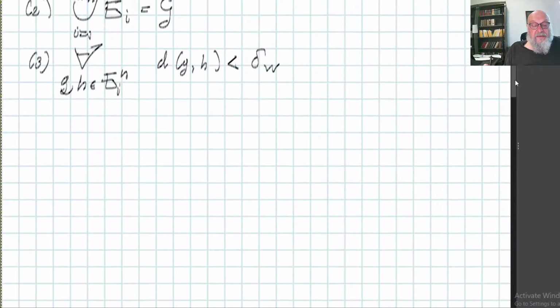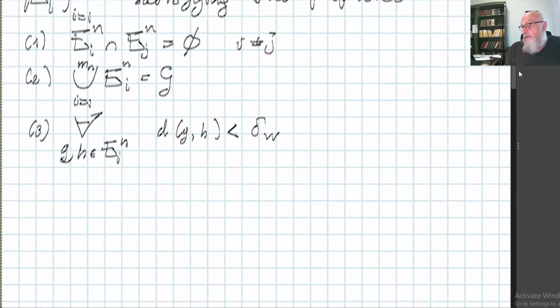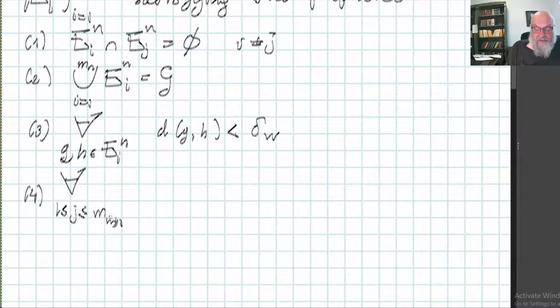Okay, so this is number 1, 2, 3, and we have number 4, which means that for every j smaller than M_{n+1}, the (n+1)-th partition is the next family.